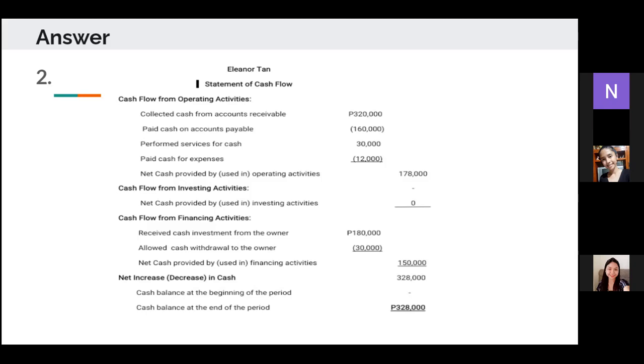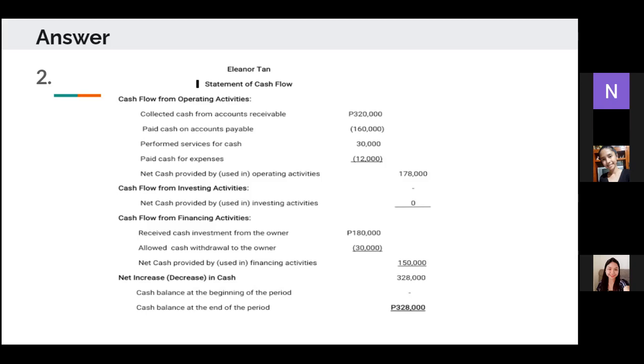So under cash flow from operating activities, collected cash from accounts receivable amounted to 320,000. Paid cash on accounts payable amounted to 160,000, which is negative because nag-outflow siya.